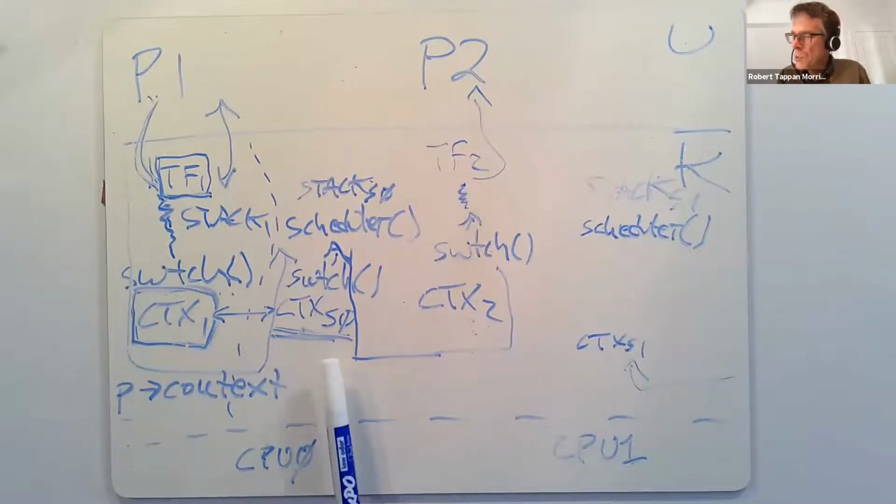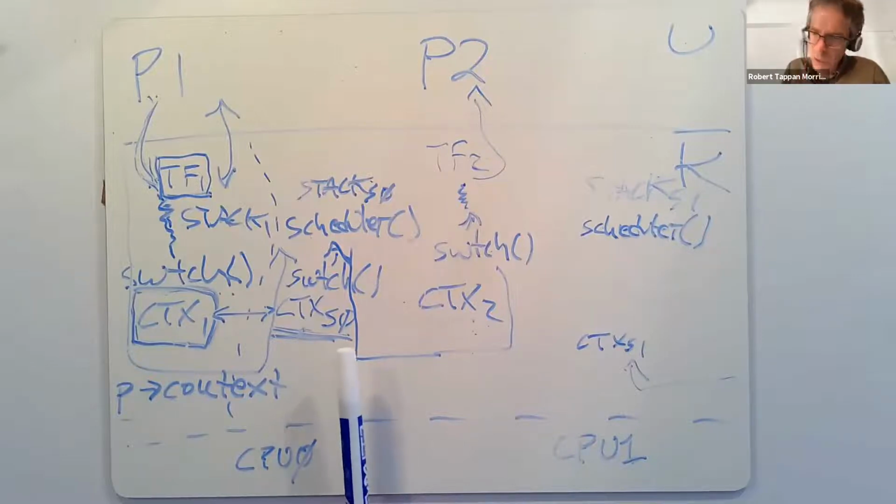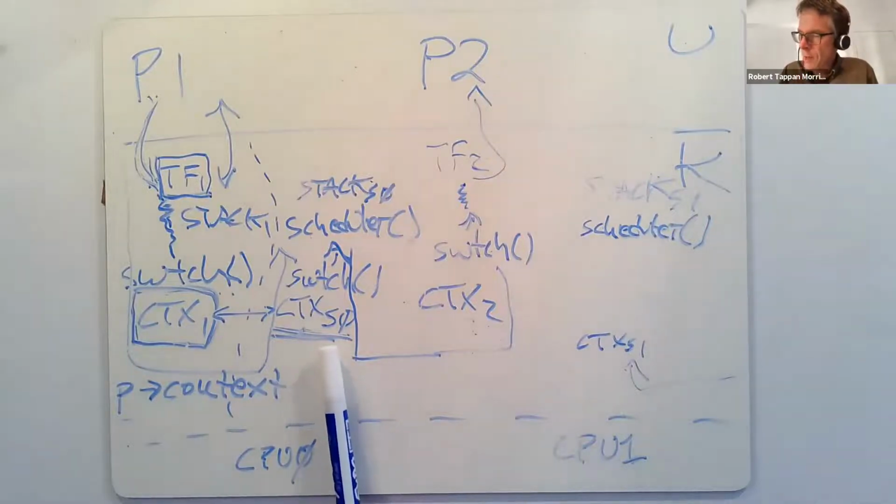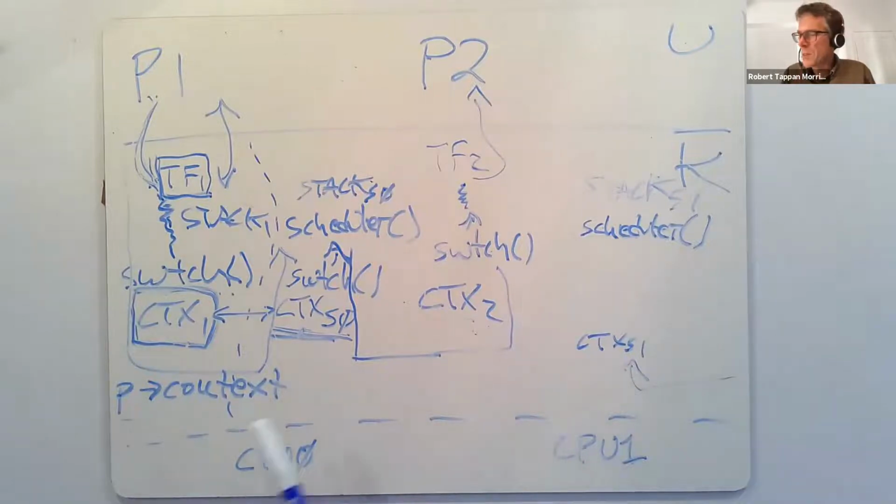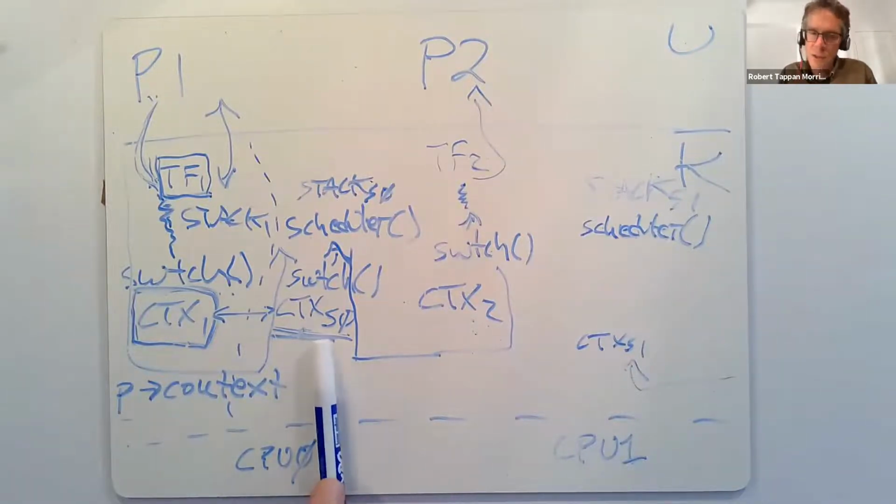They're set up at boot time. If you poke around in start.s or start.c, start.s probably, you'll see some of the setup for each core's scheduler thread. There's a place, very early in the assembly code during boot, where the stack is set up for each CPU, and it's on that stack that the CPU boots and then runs its scheduler thread.